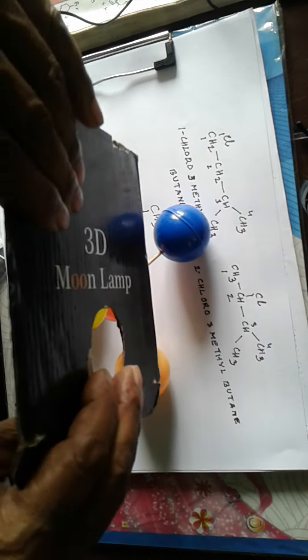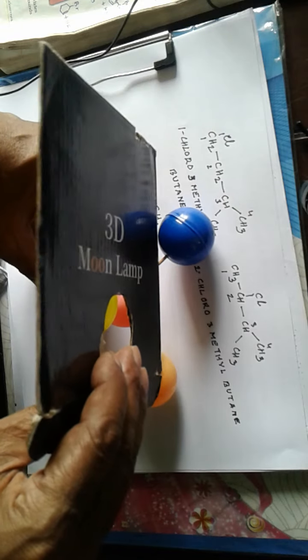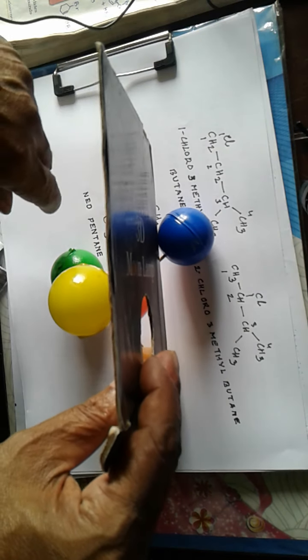Now consider a plane like this. Now on the other side we have the green methyl and the blue methyl, which are coming as object and image structures.